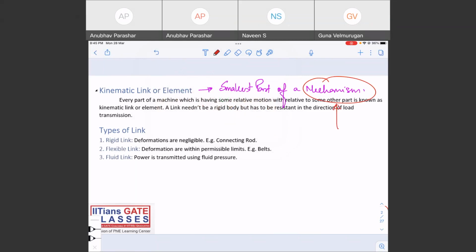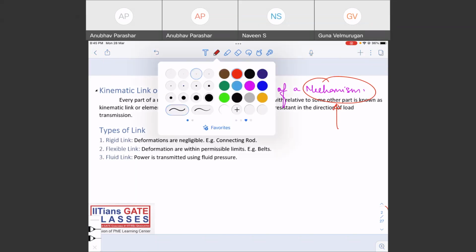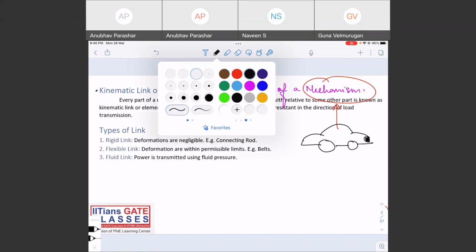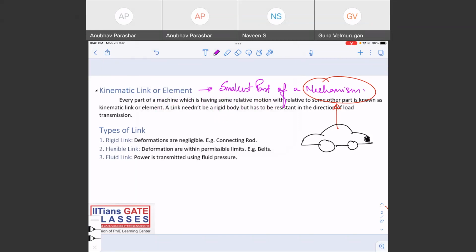Any machine will have a mechanism inside it. For example, if you see a vehicle, an automobile, you get to see the outer structure of the automobile, but inside there are a lot of mechanisms.